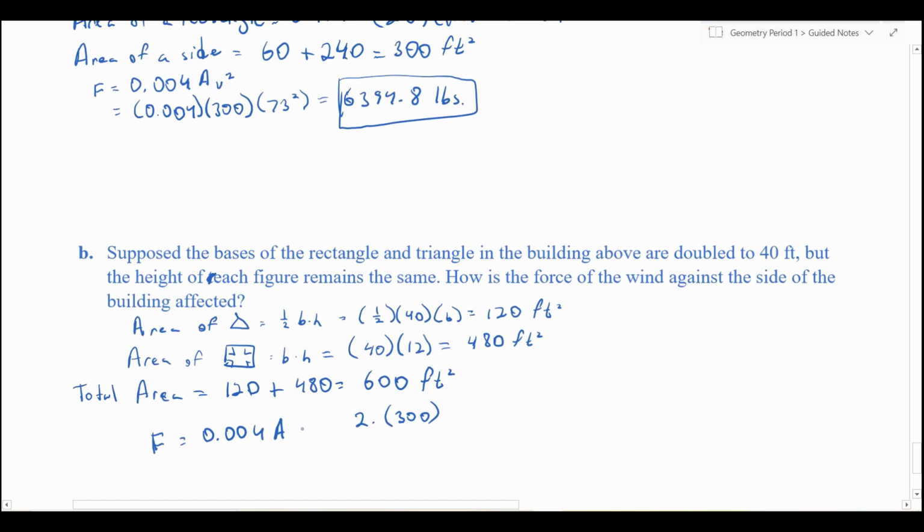So I can actually just say it's going to be 2 times 300 times the velocity squared, which is 73 squared. I can take that 2 and pull it in front, so it goes like this: 2 times 0.004 times my 300 times the 73 squared.